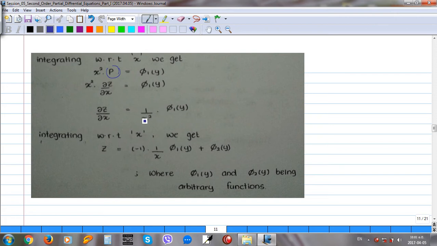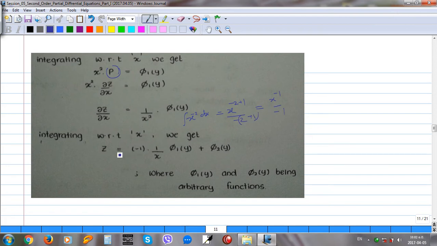If we integrate 1 over x squared, what happens? x squared goes up as x to the minus 2. Then if you integrate this one, x to the power minus 2 plus 1 over minus 2 plus 1, that is x to the minus 1.